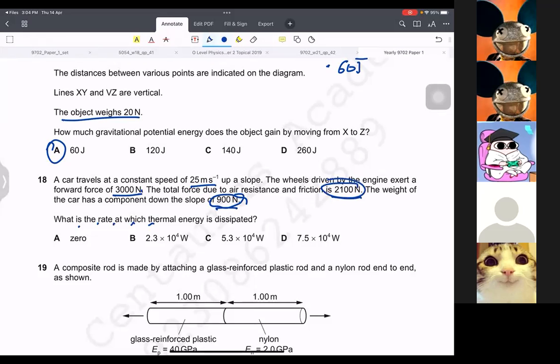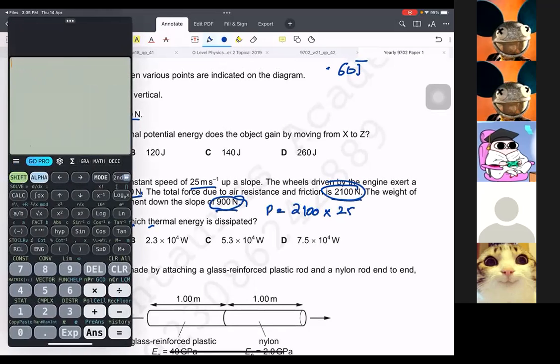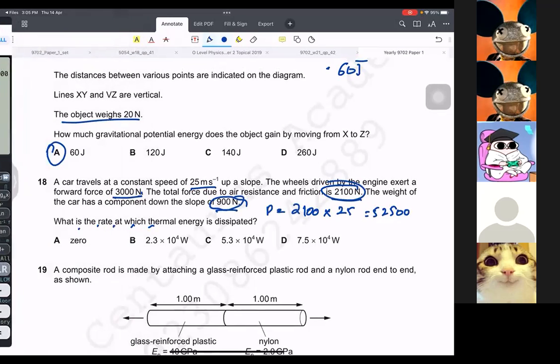I think friction does. So we need this force times the velocity. This will give us power, force and velocity. So let me check. Okay, so this has to be 5250. This is work done against friction, right? So C should be the right answer then.